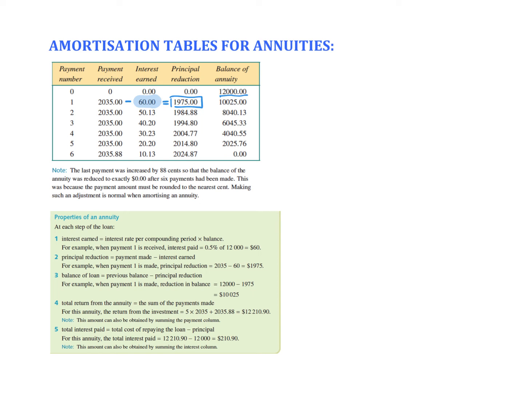So if you have a look, we've got a few values. Say this value here, that is the balance. So how do we get the balance? The balance is found by taking the total before and minusing the principal reduction.